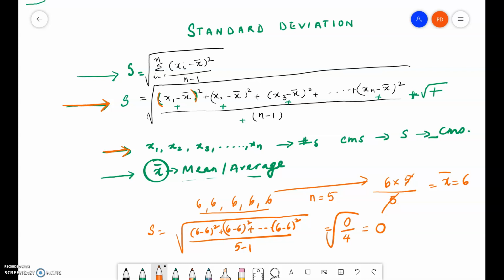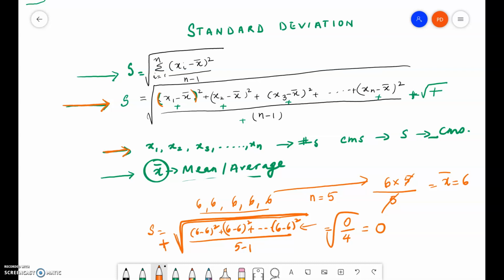One last thing, the standard deviation, the way it is defined, is the positive square root of the sum of the squares inside the radical sign. You see that this is the sum of the squares. So by definition, standard deviation is a positive number.